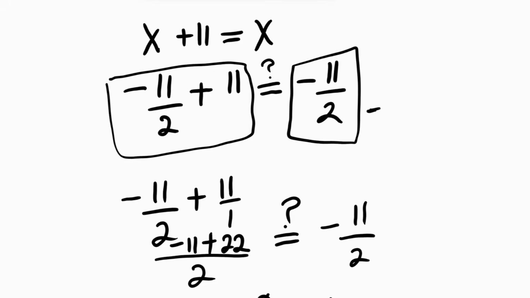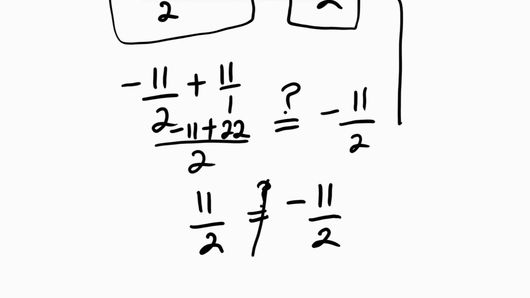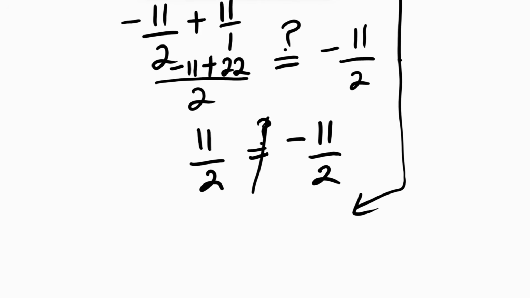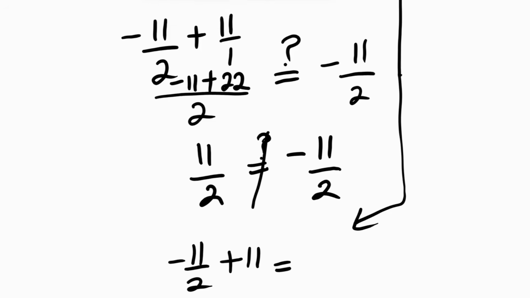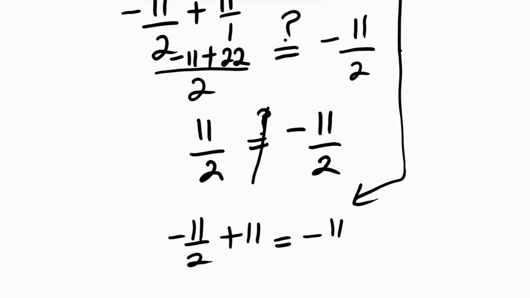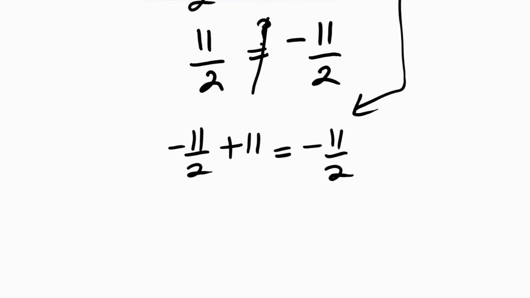So from here, for instance, if we come down here to the bottom, we have minus 11 over 2 plus 11 equals minus 11 over 2, okay? And after solving, we got 11 over 2 equals minus 11 over 2.